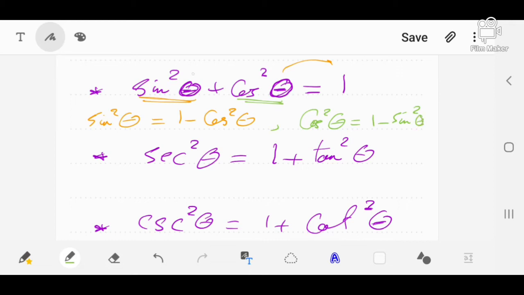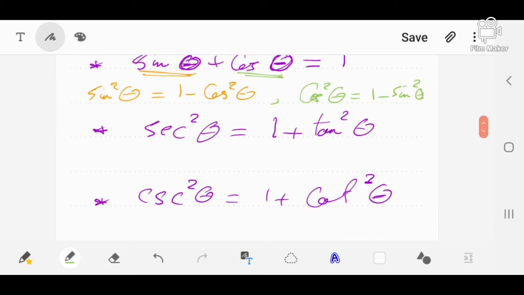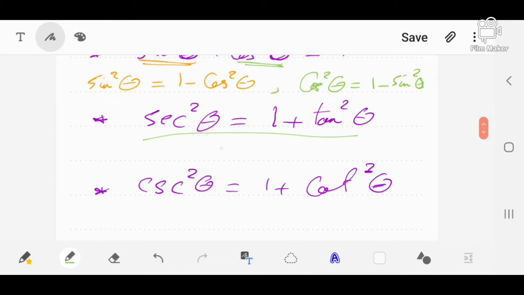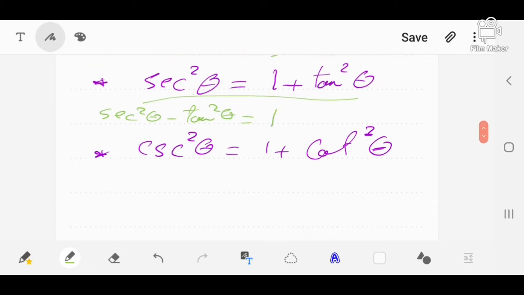Same thing happens here. I can move tan to the other side. So secant squared minus tan squared will be equal to 1. Same thing here: cosecant squared minus cotan squared will be equal to 1.